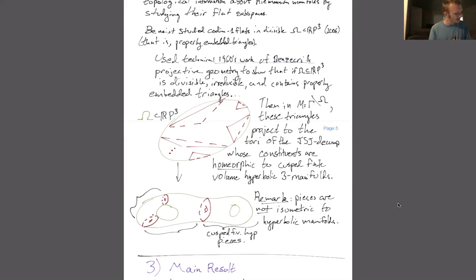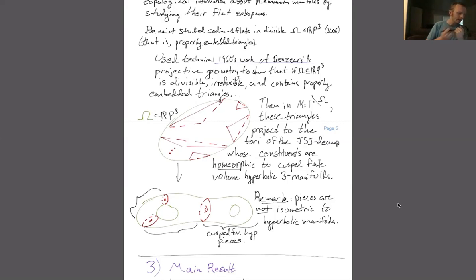But Benoist was able to show that if you have a divisible, irreducible convex projective domain in RP3, so we're talking about 3-manifolds, so we have a lot of extra tools, and we assume that it has some properly embedded triangles. In dimension 3, the only interesting case for properly embedded simplices is those of dimension 2. So properly embedded triangles. These are like copies of the Euclidean 2-space sitting inside of your domain.